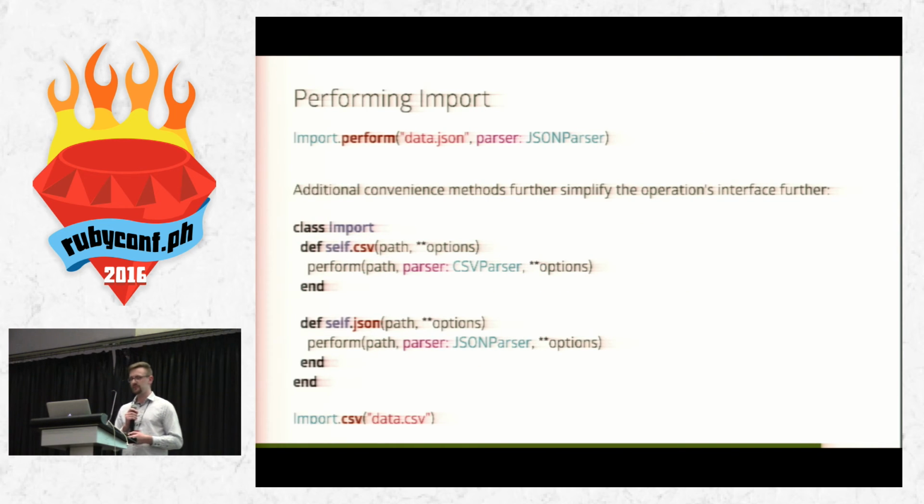Going one step further to make this code even cleaner, we implement 2 convenience methods on our pipeline, simply calling perform and supplying CSV parser and JSON parser respectively as default values. And then we end up with something that reads as simple as import.csv, providing the data you actually want to import.